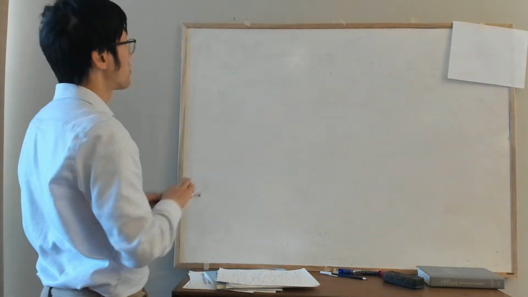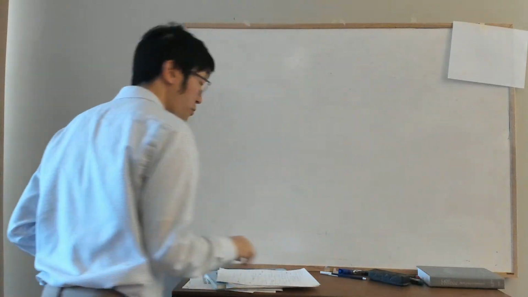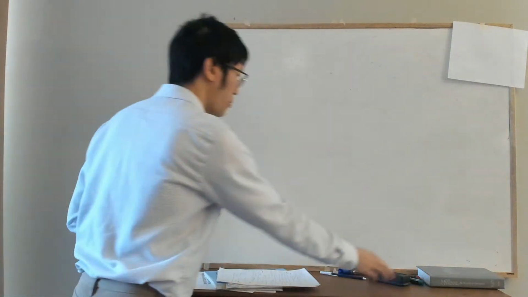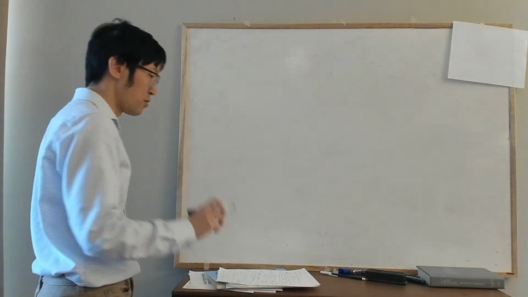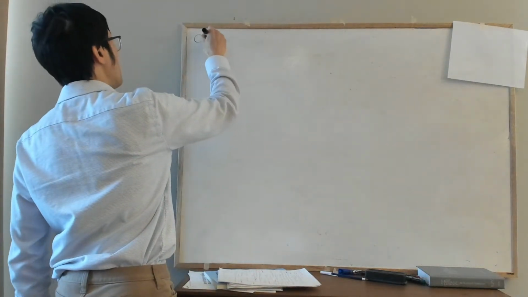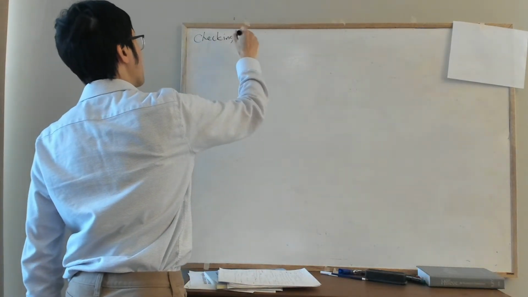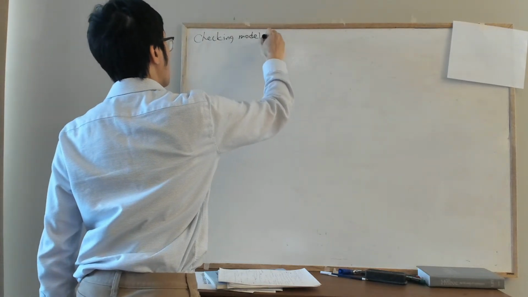First, let's remind ourselves of what those assumptions are, and then we're going to look at how we can make some plots to assess those assumptions. Let's call this topic checking model assumptions.